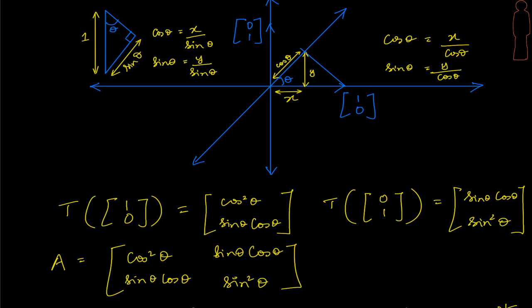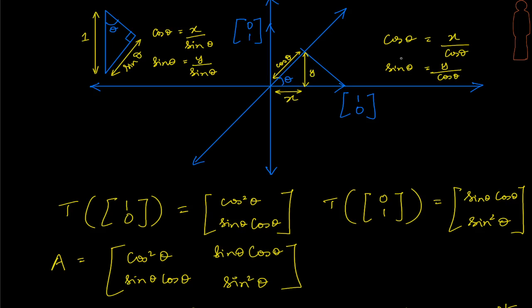I don't know what the coordinates of it are, which will actually give me the vector components. How do I get those components? For that, I need to figure out the x and y for this hypotenuse, which is cos theta. So look at this triangle now. This is 90, this is theta. What would be my y and what would be my x? That's what we are interested in.